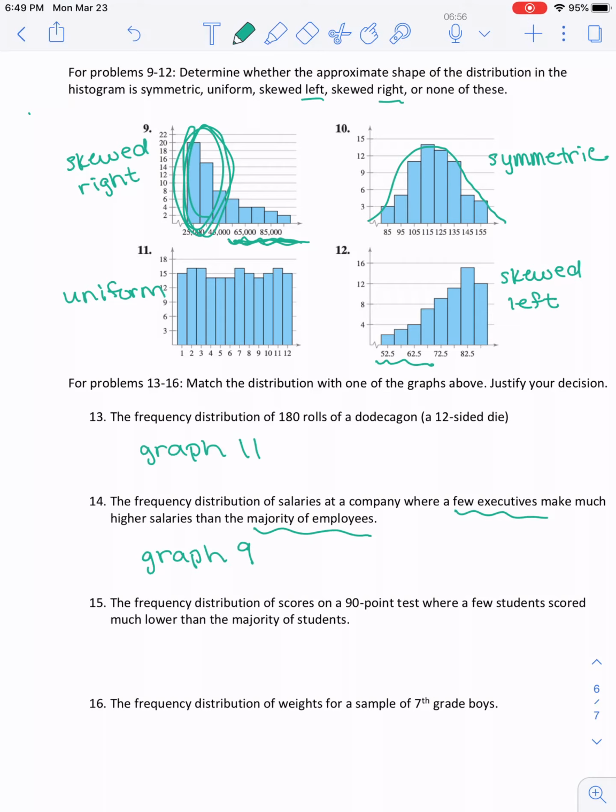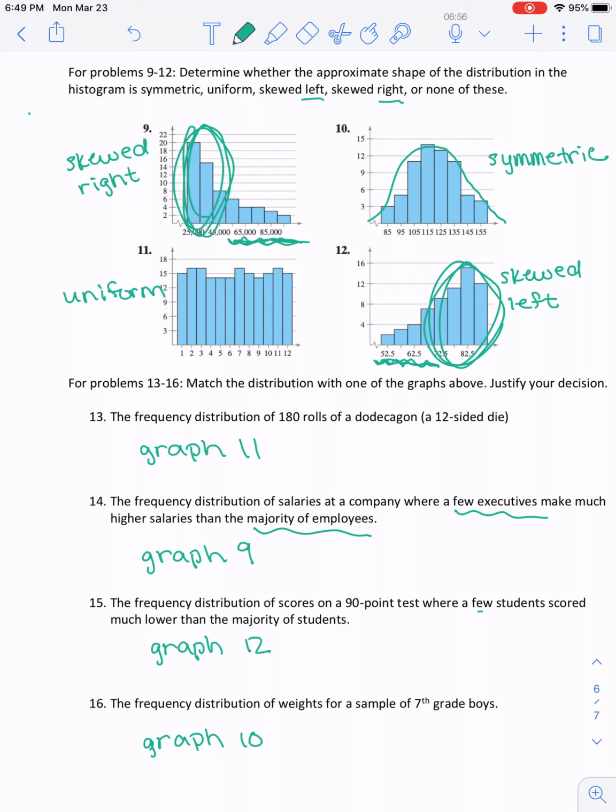The frequency distribution of scores on a 90-point test where a few students scored lower, that's going to be the opposite graph. That's going to be graph 12. Because we have a few people who are on the lower end and most people are on the higher end. And then the last one, the weights of a sample of 7th grade boys, that's number 10.